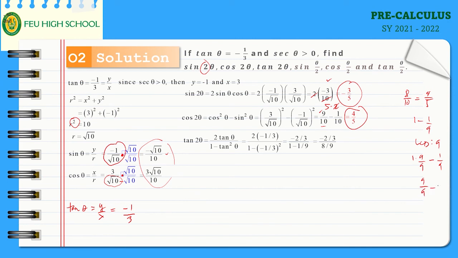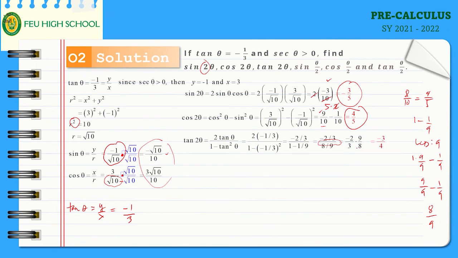So, 9 over 9 na siya. And finally, 8 minus 1 is 8. Copy the common denominator, 9. And then, ito yung main fraction bar natin. So, we can copy negative 2/3 as it is. Change division to multiplication and we get the reciprocal of 8 over 9, which is now 9 over 8.